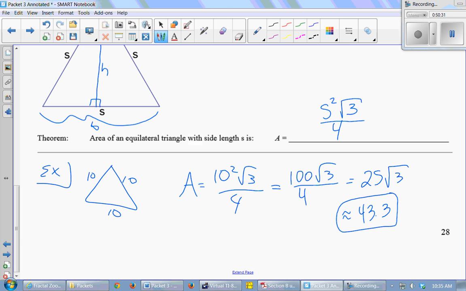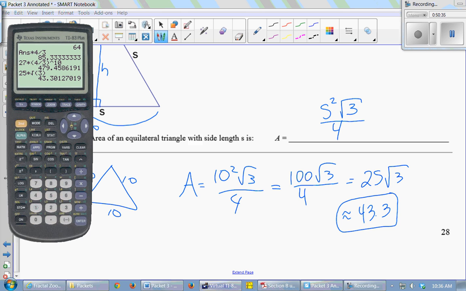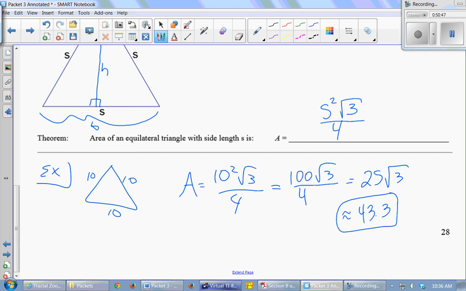They will come out the same. So if I do 100 times the square root of 3 and then divide by 4, I get 43.3. Yep, side squared times square root of 3 over 4. Oh, no, sorry, that's s for side length.